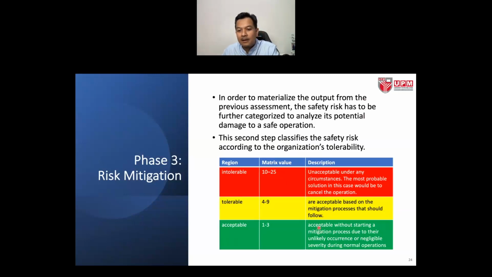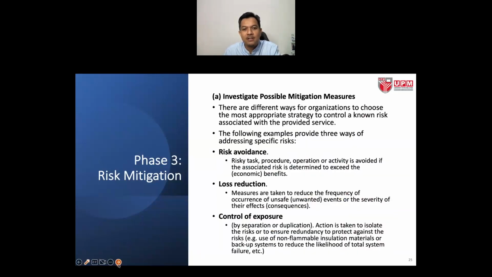And for acceptable, there is no mitigation process due to the unlikely occurrence or negligible severity during normal operations. Then we look into investigating possible mitigation measures.